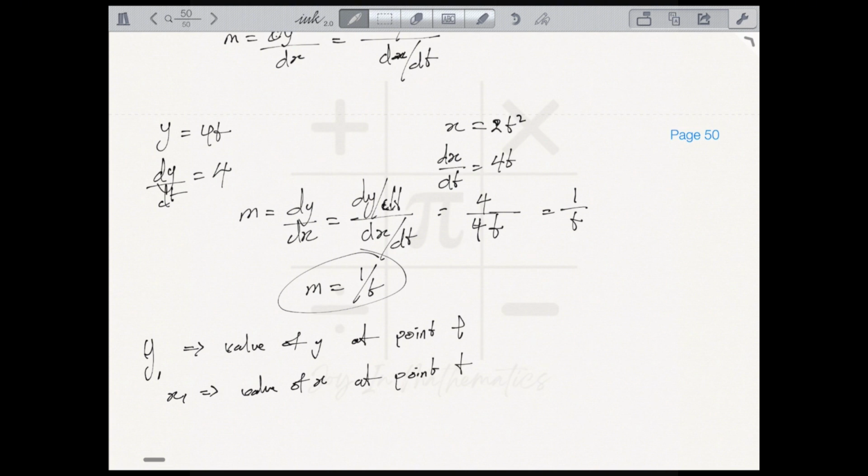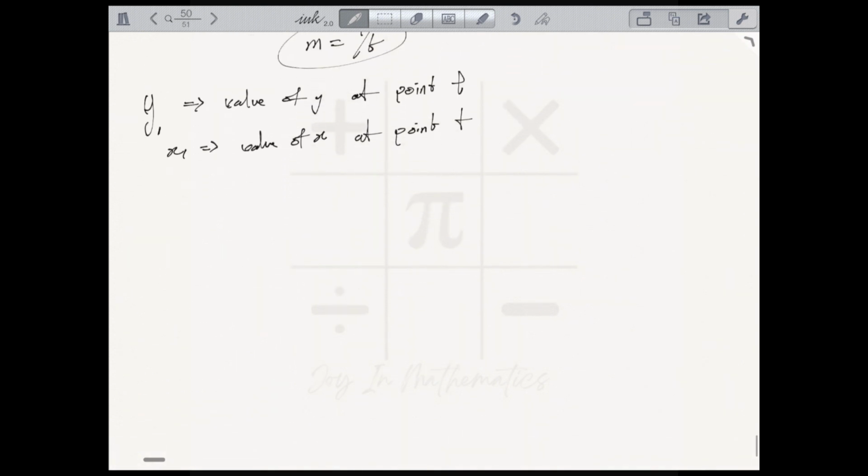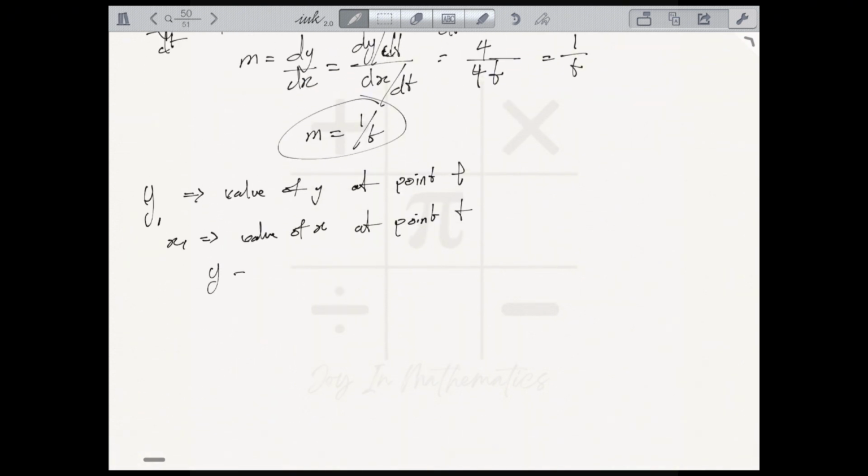Usually we are used to being given a particular value for the point or a corresponding coordinate, maybe 1, 2. Now we understand that y is equal to 4t and x is equal to 2t squared. For y1, wherever we see t, we substitute t, so it will still remain 4t, and x1 will still remain 2t squared.